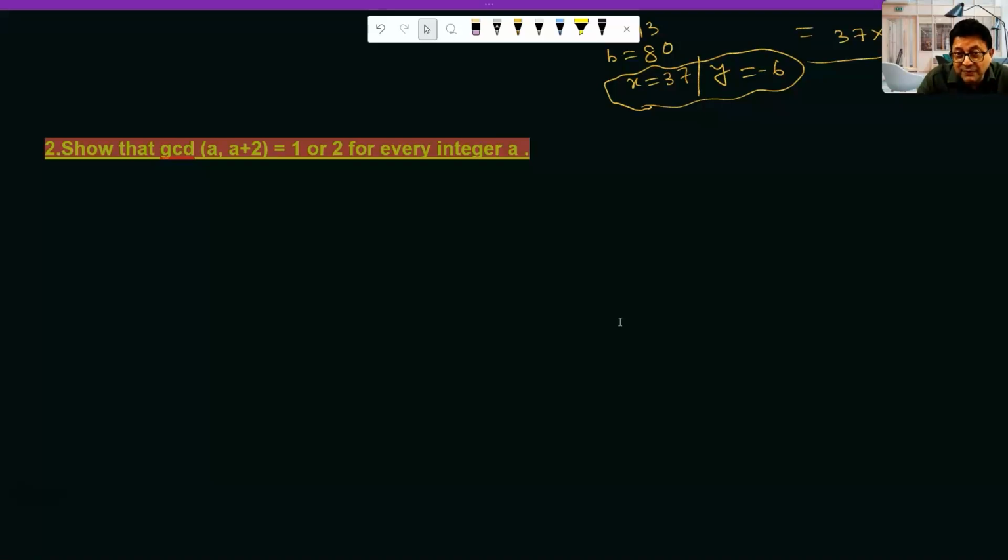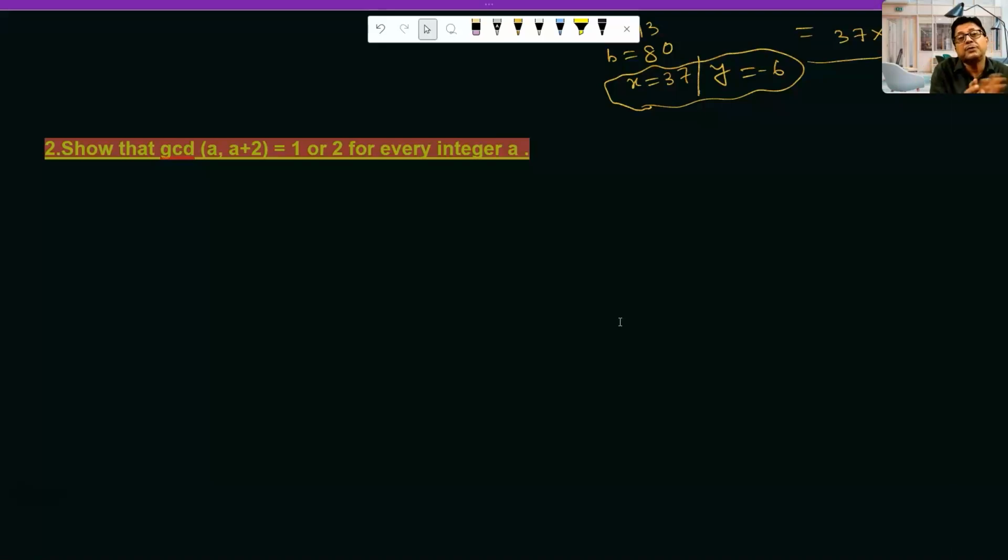This is an arithmetic problem. For any integer a, you take a equal to 5 and 7, their GCD is 1. You take 18 and 20, their GCD is 2. You take any value of a. This is more useful. We have done GCD or HCF of 2 numbers only. Here we are generalizing.